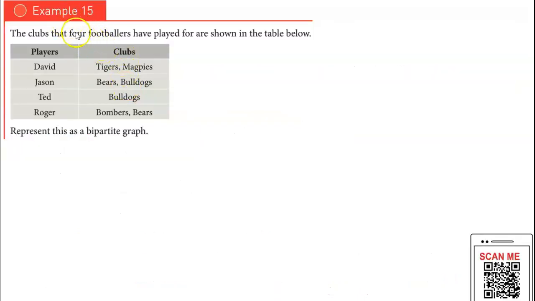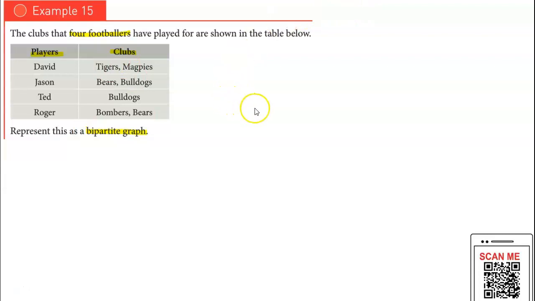Now let's look at example 15. You have four footballers and they play for all the clubs here. So you have players and clubs and you are supposed to draw a bipartite graph.